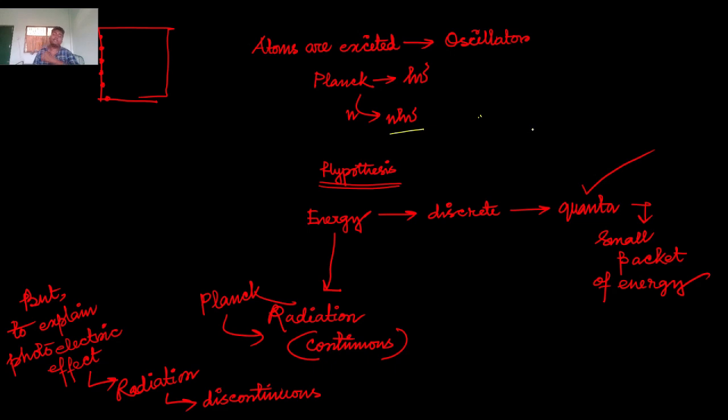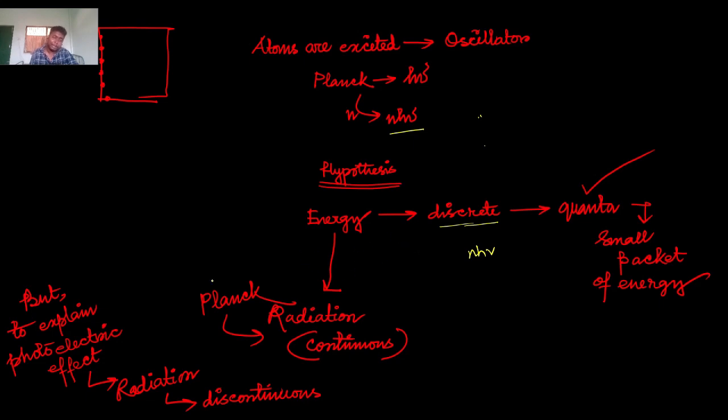According to Max Planck's hypothesis, this EM radiation consisted of some discrete and some continuous fractions. The discrete energy was in the form n h nu, and the radiation which was coming out was continuous.